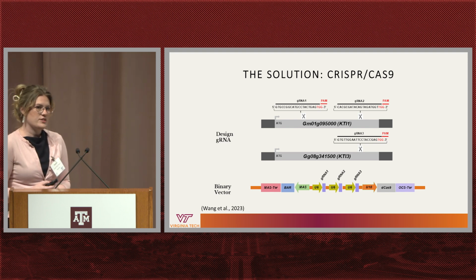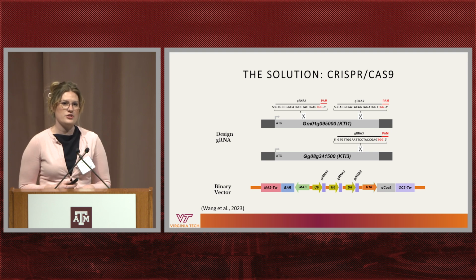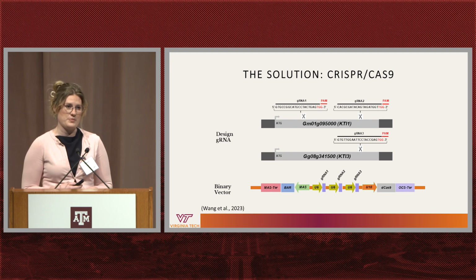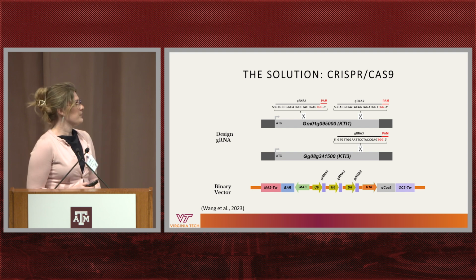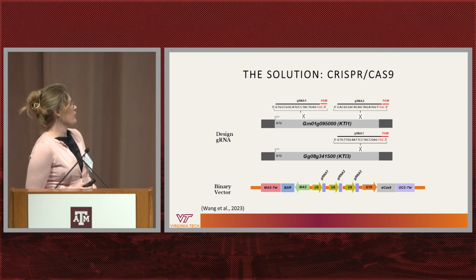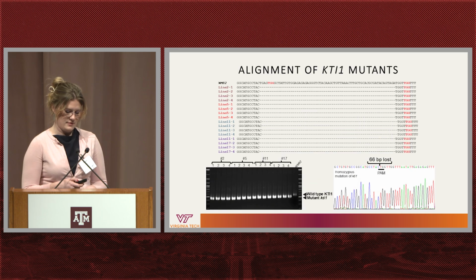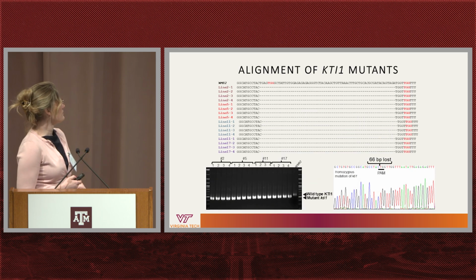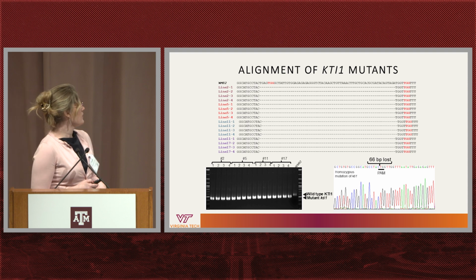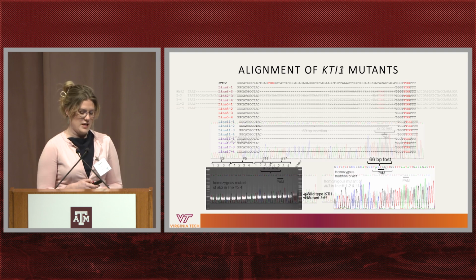So the work that a previous student did in 2021 was to use CRISPR-Cas9 to delete 2 genes specifically responsible for the expression of trypsin inhibitor in the seed. And so here you can see the binary vector that was used for the 2 genes, which were KTI1 and KTI3. So the alignment of the KTI1 mutants, there was a 66 base pair deletion for the first gene.